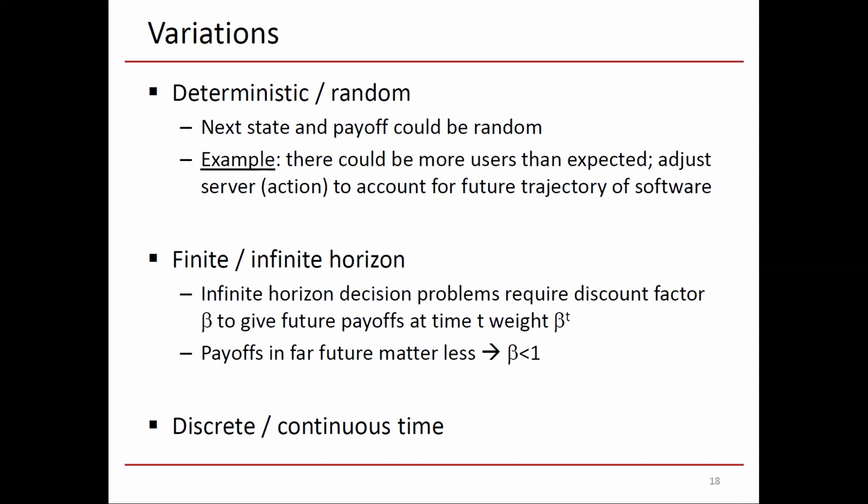And the reason for that is as follows. If we have an infinite time horizon, well, we can't really solve this for every single time step. But what we do want is the same policy at each period of time, but the payoffs in the far future matter less than the payoffs right now, which is why this discounting factor beta will be less than 1.